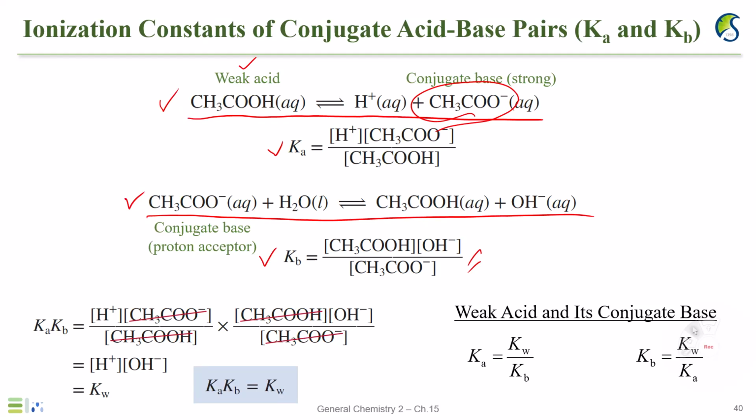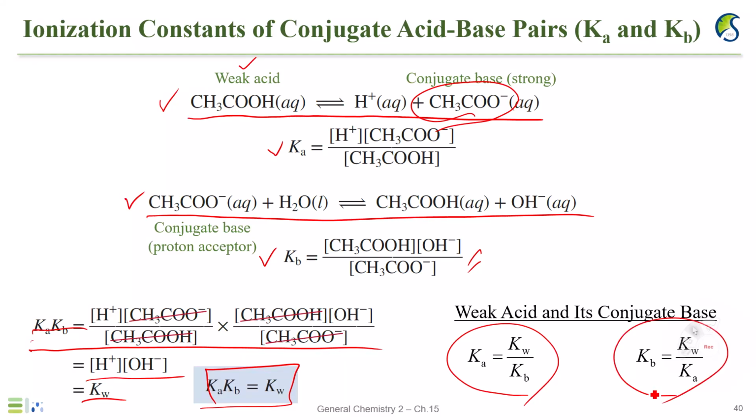And then here, if you multiply Ka, the acid strength of the weak acid, and Kb, the base strength of the conjugate base, you will have this relationship. What this tells us is that the Ka and the Kb of the conjugate base always multiply to Kw.